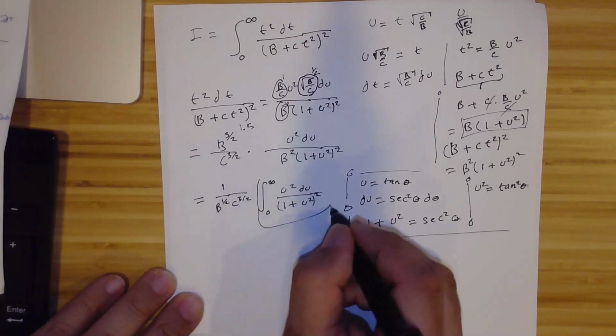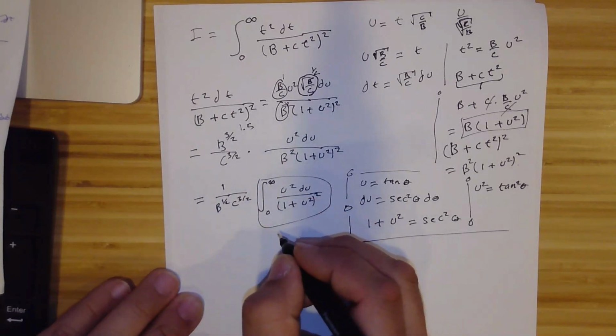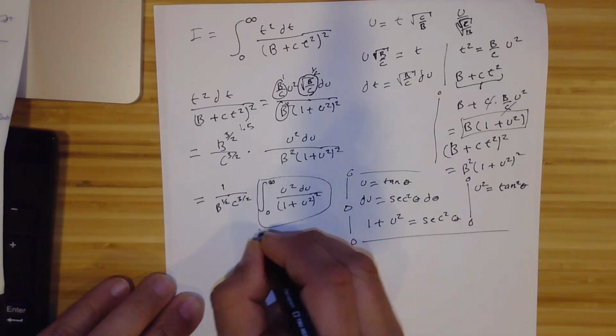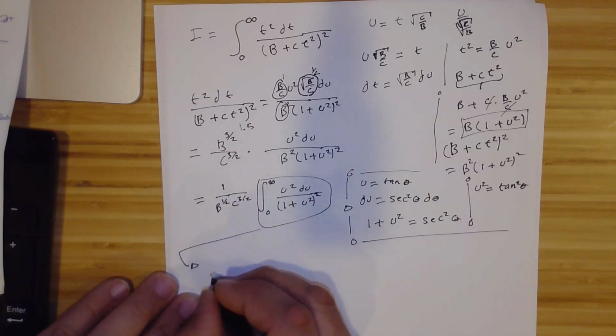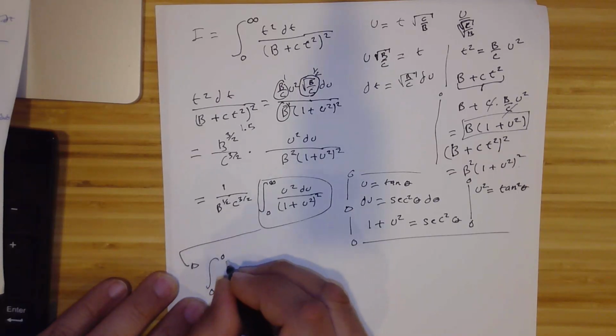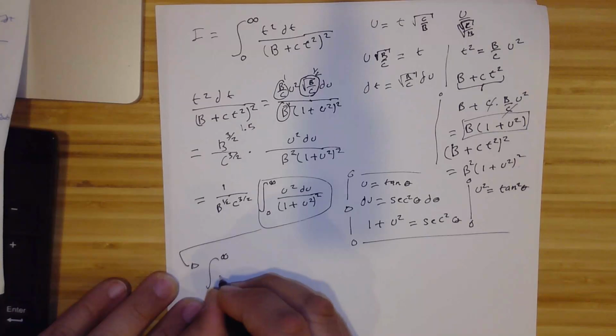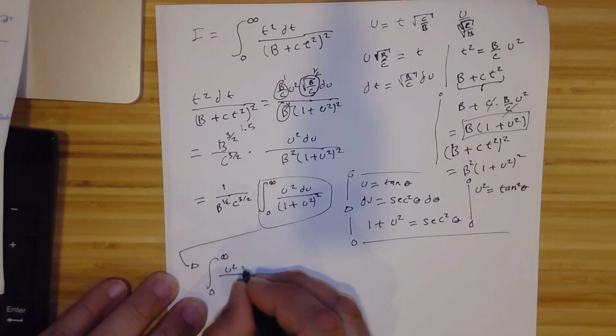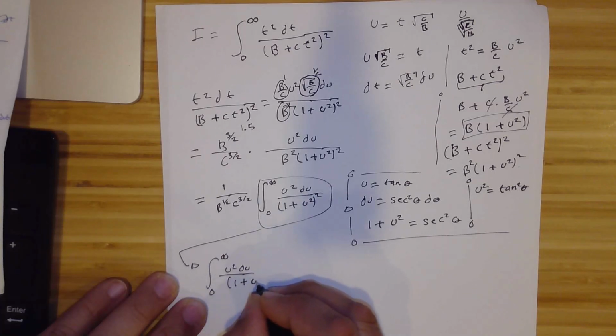Let's get this part alone for a minute. Okay, and we have this integral going from 0 to infinity of u squared du over (1 plus u squared) squared.